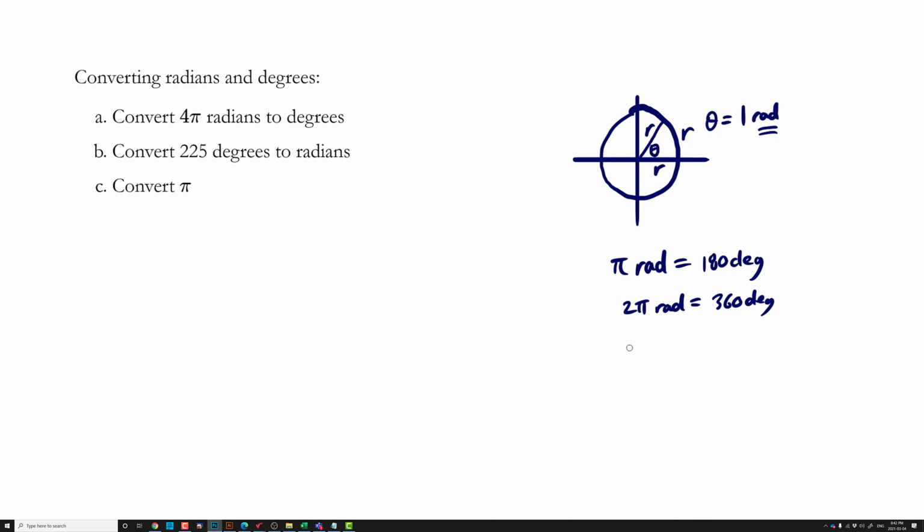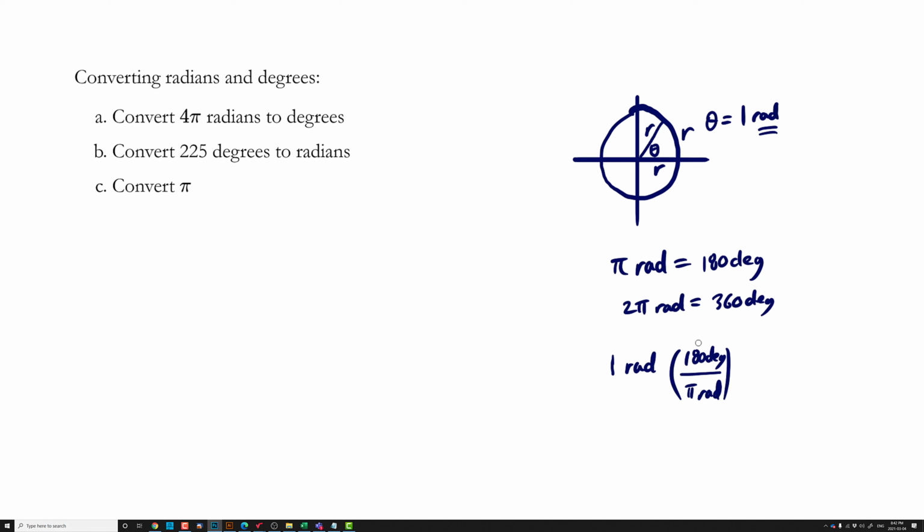Now, if you want to memorize what 1 radian is, we could change units by remembering that multiplying by 1, with the same numerator and denominator being pi radians equals 180 degrees. We set this up such that we can cancel units.